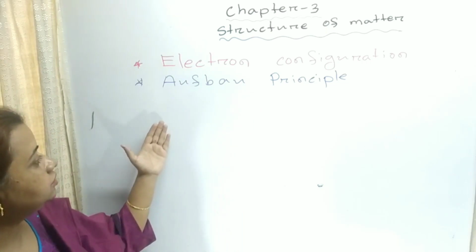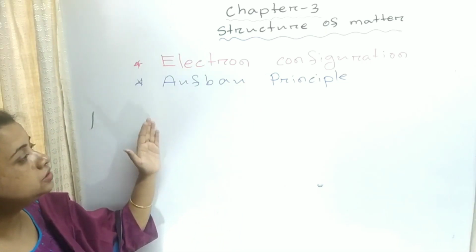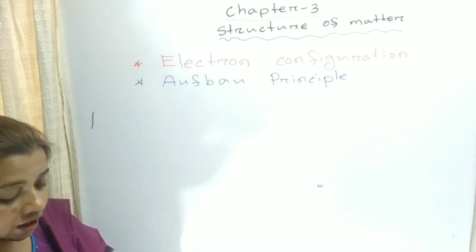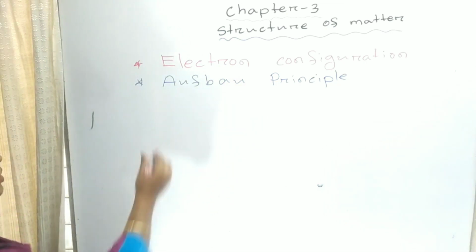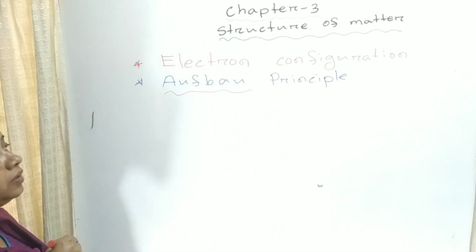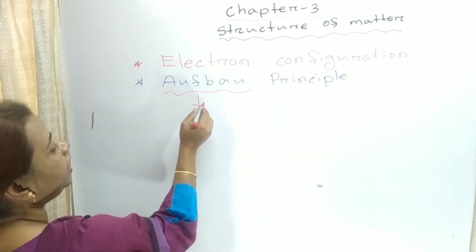Now, I am coming to the laws which are related to the electron configuration. At first, come to Aufbau principle. Do you know? This Aufbau is a German word. Aufbau means building up.